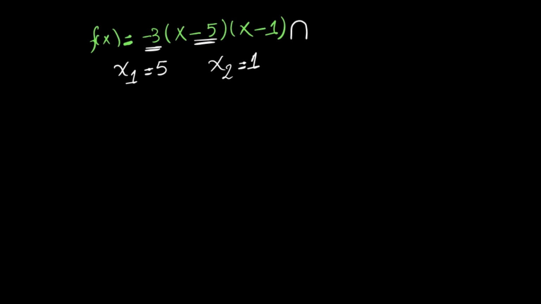By the opposite sign, or put x minus 1 equals 0, x will be 1. x minus 5 equals 0, x will be 5.